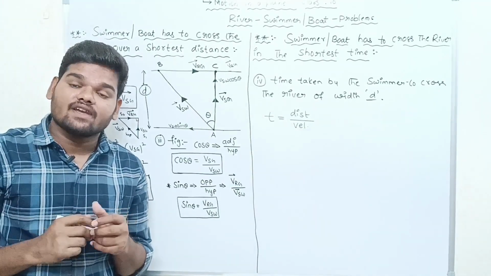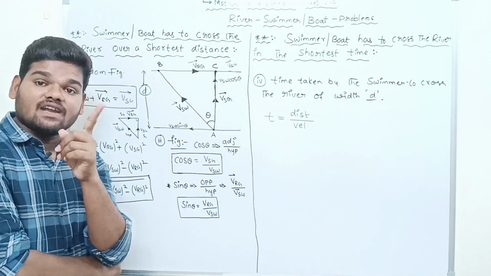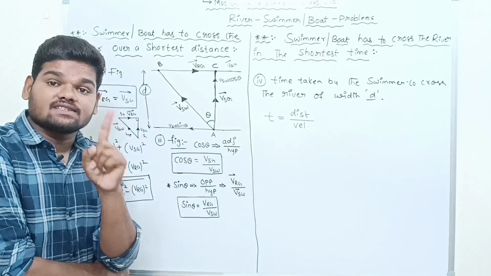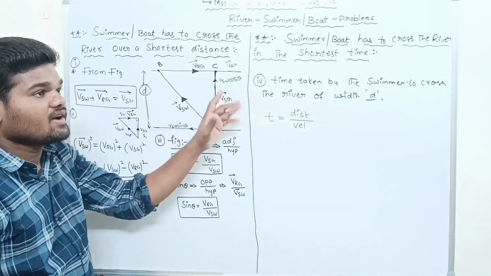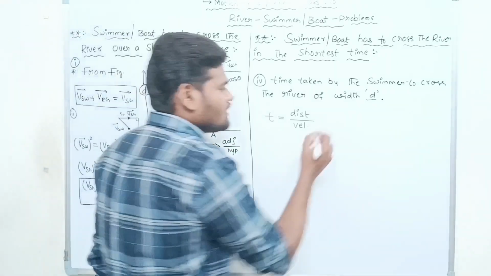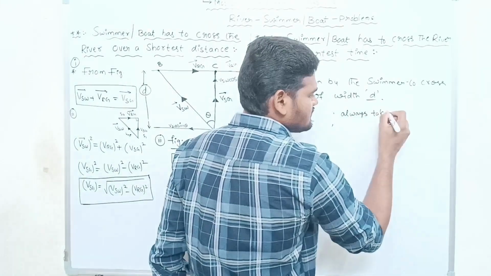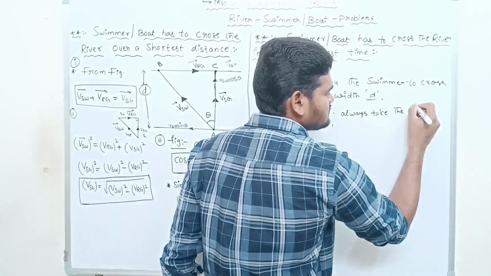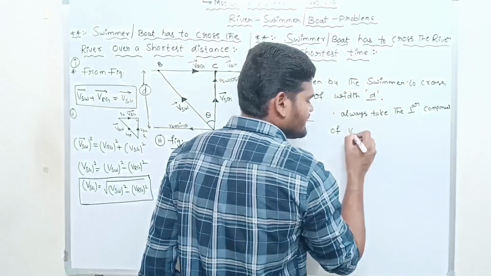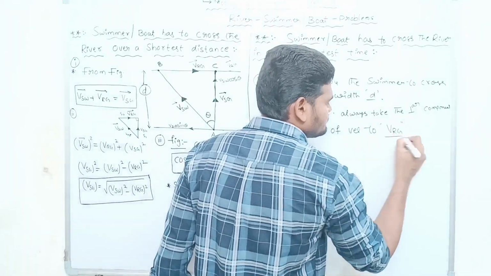Now which component do we have to take? This one or this one? So whenever you are finding the time, always you must take the component of velocity of swimmer which is perpendicular to the velocity of river with respect to ground.